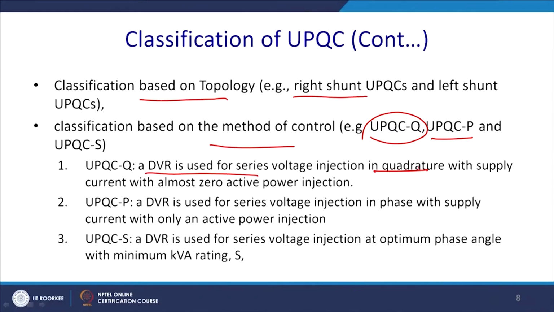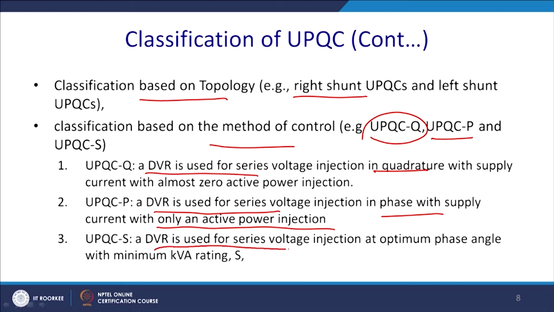Same way, if it is UPQC-P, the DVR is used in series injection in phase with supply current, only the active power injection, it will inject only the active power. And you may have S, that is a combination of it.